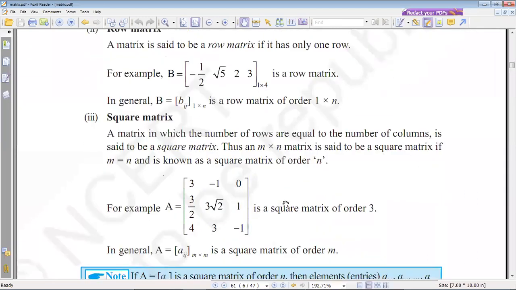Now, the next case is the square matrix. I think all of you know what a square is. Square means if length is equal to breadth.